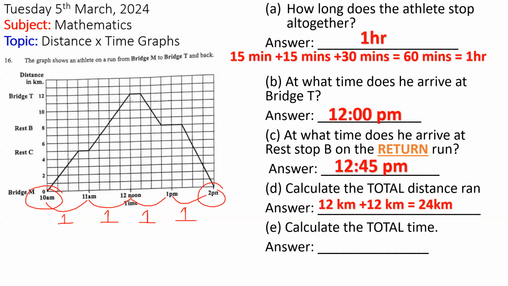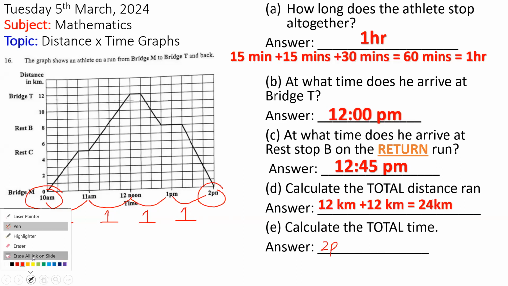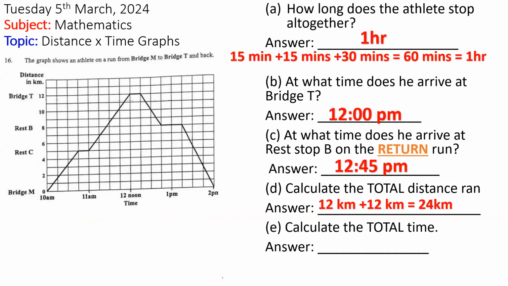Very good. So we say 2 p.m. minus 10 a.m. equals what? 4 hours.